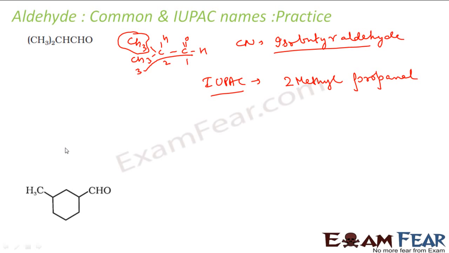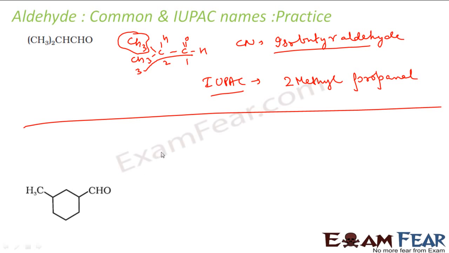Correct. Let's see this. This is again a common name and IUPAC name. For the common name, you use alpha, beta, gamma because this is my aldehyde group.